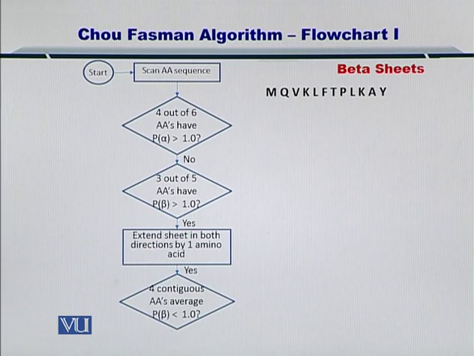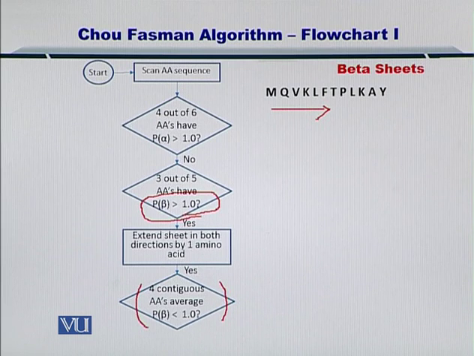Now if that is the case and you find more amino acids which have a propensity for forming a beta sheet to be greater than 1, you continue the formation of the beta sheet until you find 4 contiguous amino acids which have a propensity for forming beta sheets to be less than 1, that is 4 consecutive.